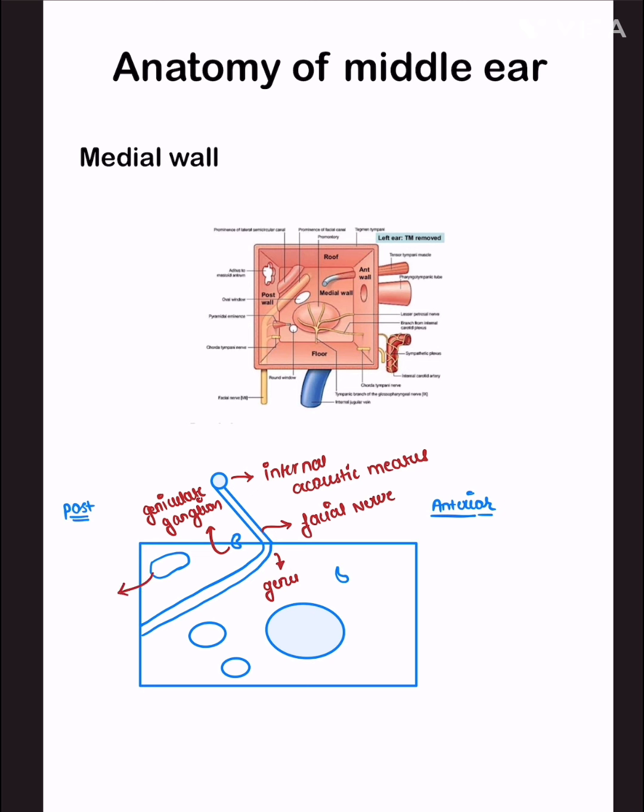This is the bulge produced by lateral semicircular canal. This is the horizontal part of facial nerve.